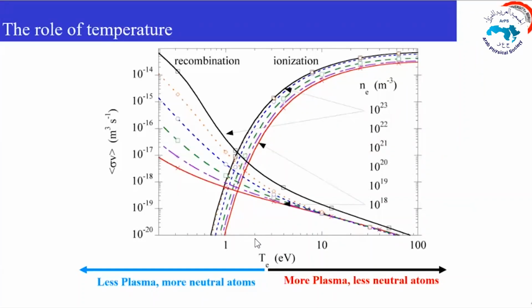If you have a 1 electron volt plasma, it will most probably recombine, and the probability of ionization is relatively low. If you go to 10 electron volts, you actually start to have a real plasma, and recombination becomes a process that can be neglected. Please note that both the x and y axes are logarithmic.